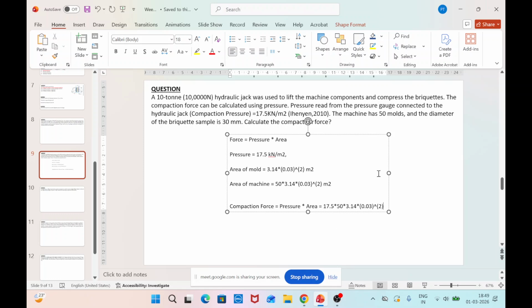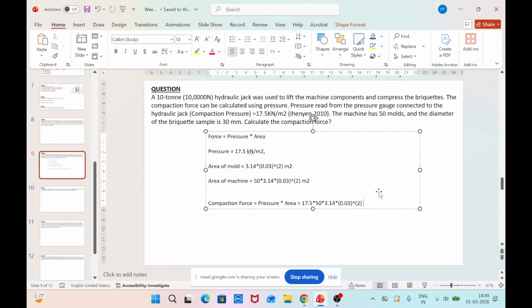Now if you calculate this, you will get force in terms of kilonewtons, because pressure is 17.5 kilonewton per meter square. So this will be in terms of kilonewtons.